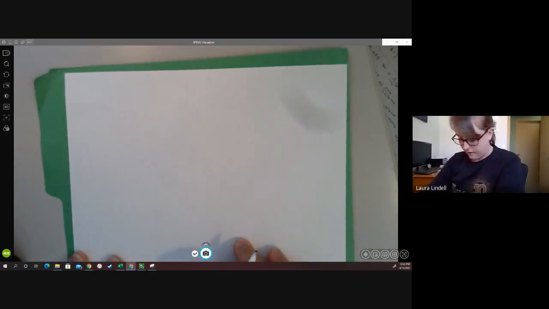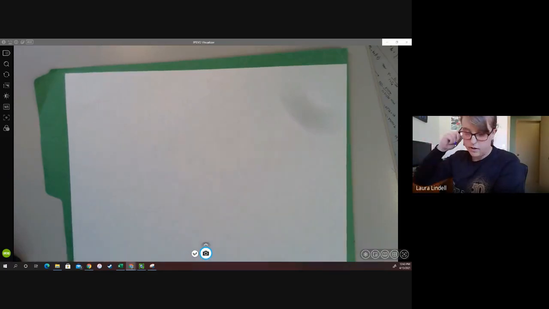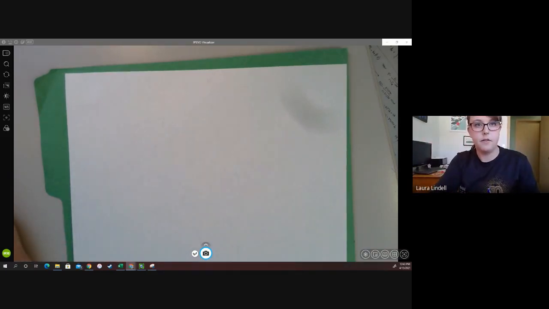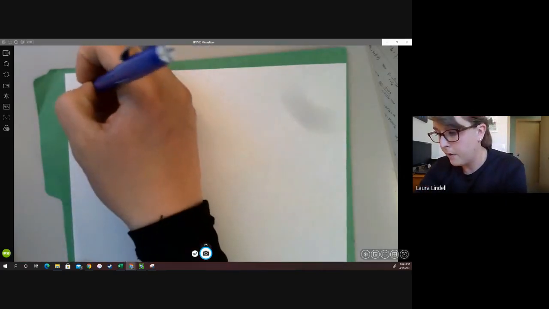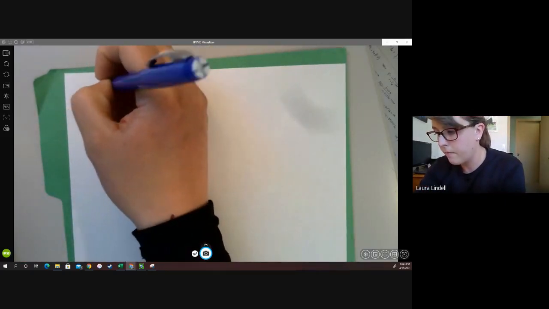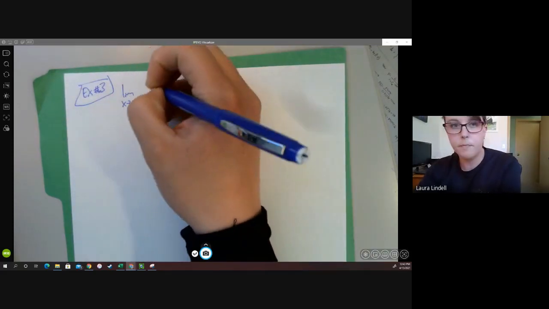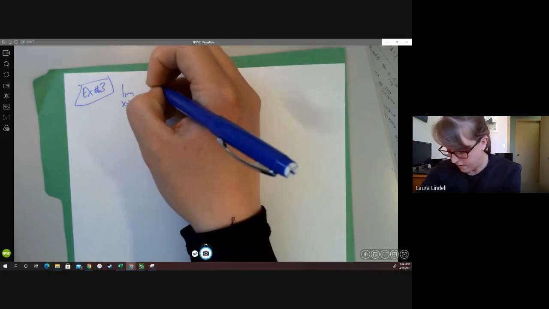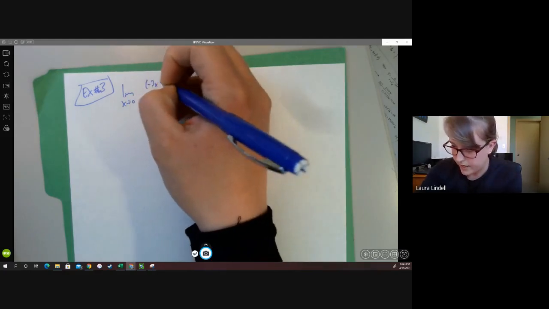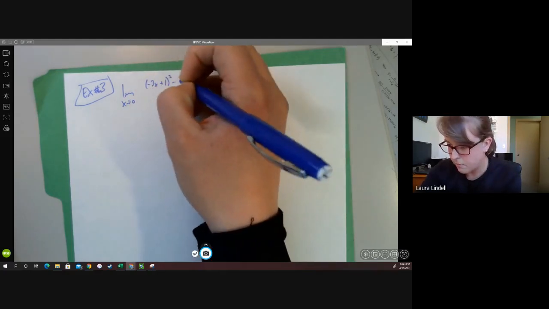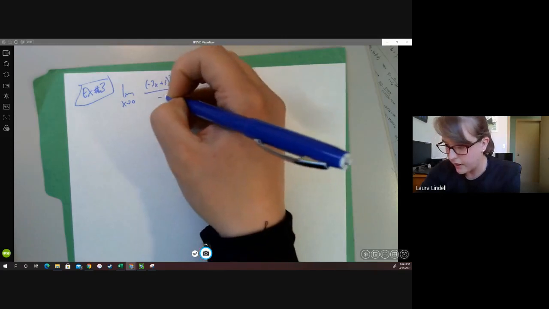Sometimes we'll get something like this, where we have, so this will be example number 3, the limit as x approaches 0 of negative 3x plus 1 squared minus 1 over negative x.